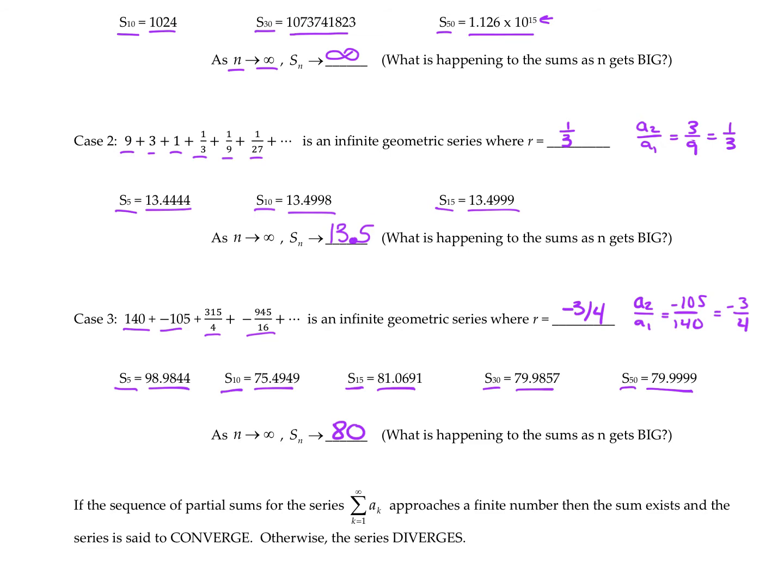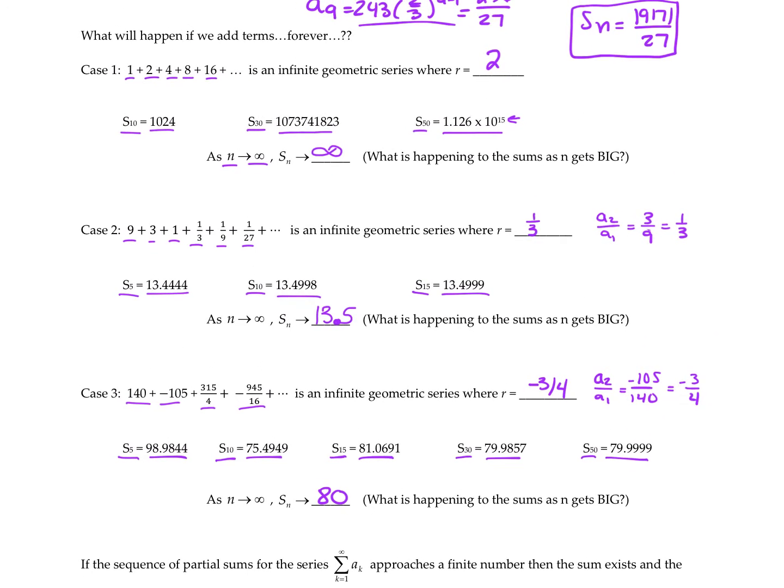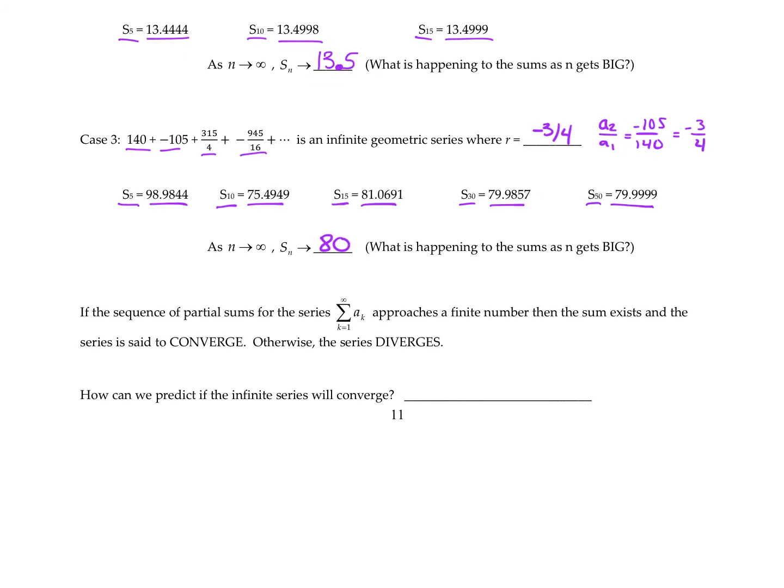So what do we notice? I couldn't find the sum when my r was 2. I could find the sum of an infinite series when my r was 1/3, and I also could find the sum when it was negative 3/4. So what that tells me is that if a sequence has a sum, it does something called converge, meaning it's coming to a number like the 13.5 or the 80. If it's diverging, that means it's going to infinity.